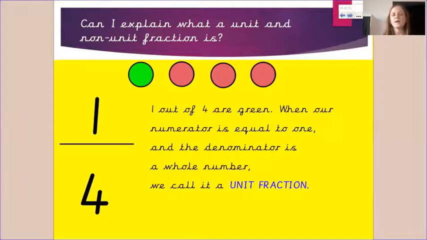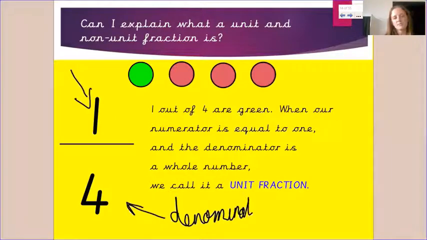If we are looking at our fraction and we've got 1 out of 4 are green, when our numerator, this number here, is equal to 1 and the denominator is a whole number, then we call that a unit fraction.